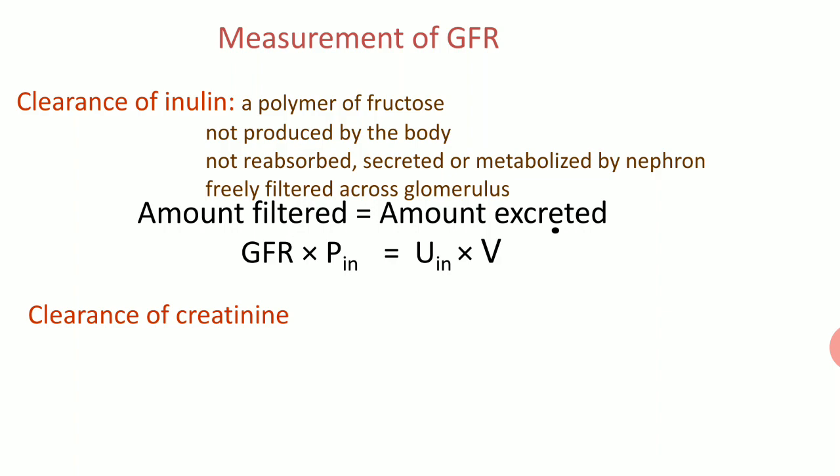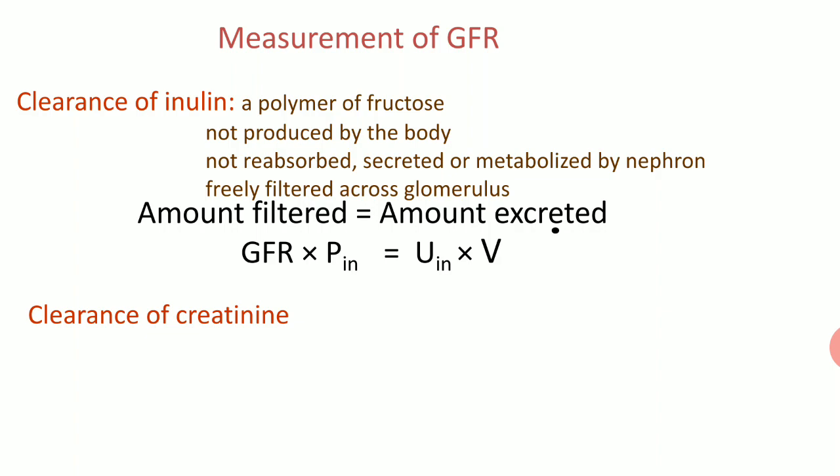But for using inulin, it will be an invasive process in which we have to inject a known amount of inulin and then keep on measuring the inulin concentration in plasma and urine, and that will be a very tedious and also invasive process. An important alternative is creatinine clearance.